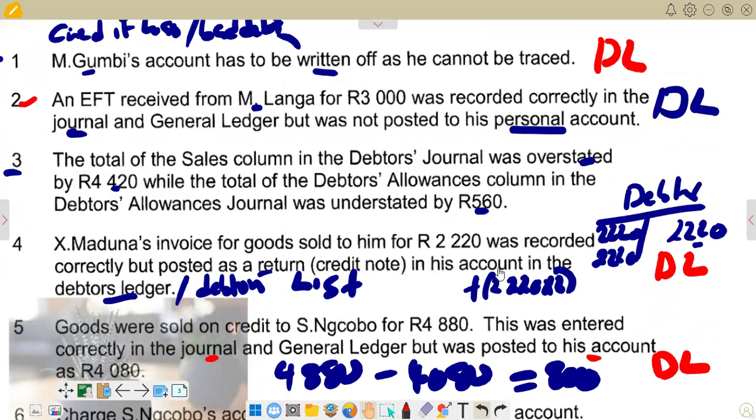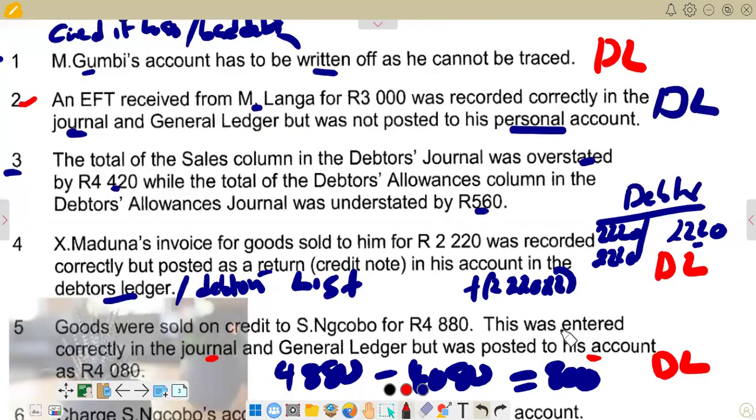So this amount was entered on the credit side instead of the debit. We first have to enter 2,220 to remove it, and then we enter the correct amount, 2,220. So we're going to do it twice on the debit side. That's why we are saying 2,220 times 2.